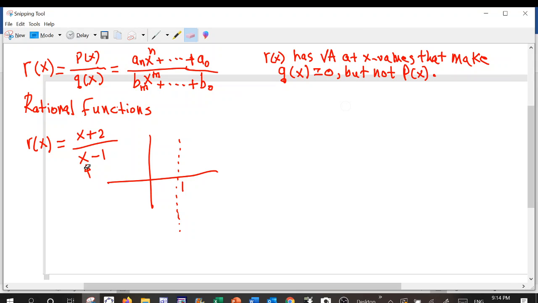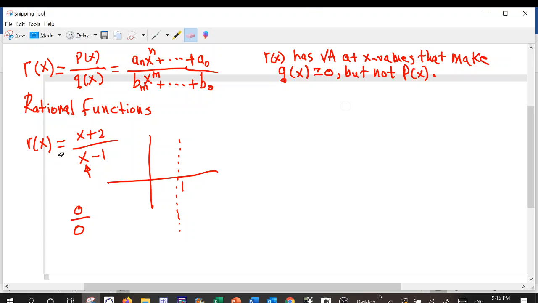So what does that mean? That means if you have a situation where an x value makes numerator and denominator 0, then we have a situation that is called 0 over 0, and this is indeterminate. That means we don't know what this is. This could be any number, 0 over 0. It would mean that there are two factors, one in the numerator and one in the denominator, that make this function 0 over 0.